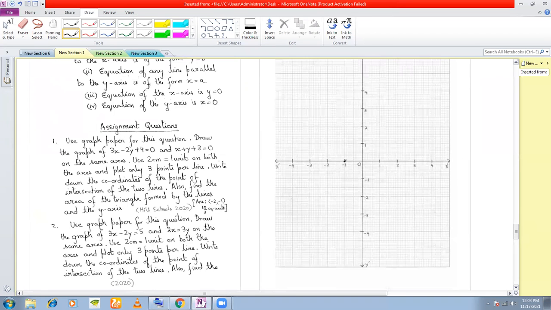So -1, 0 is here, 0, 0 is here, and 1, 0 is here, right? So you see that all the points are coming on the x-axis. So you can write here, this line is your y is equal to 0.